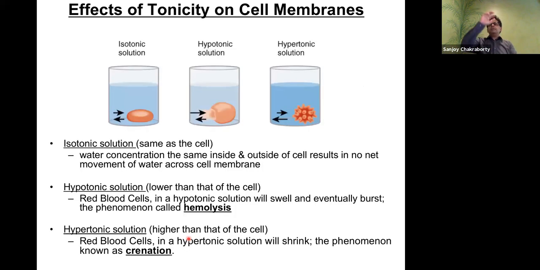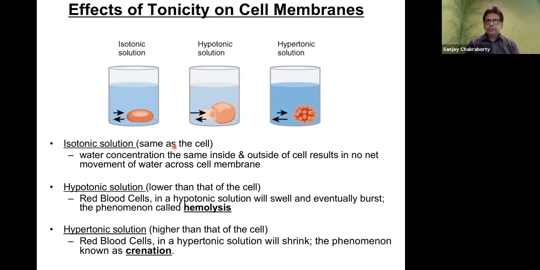So now let's imagine three different scenarios. We're talking about a cell. In this example, a red blood cell, which under the microscope appears as a perfect circle. That's why this picture is like that. Inside the red blood cell, the ionic environment is equivalent to 0.85% sodium chloride.